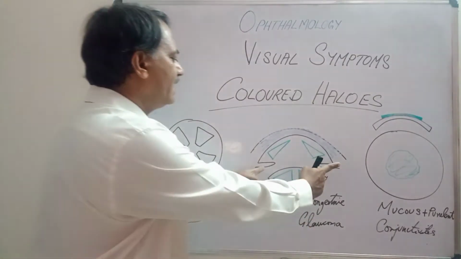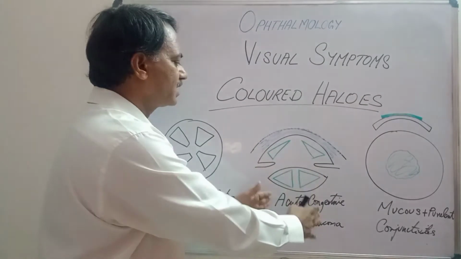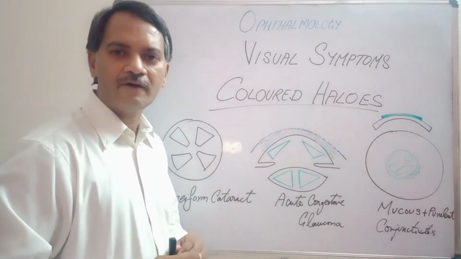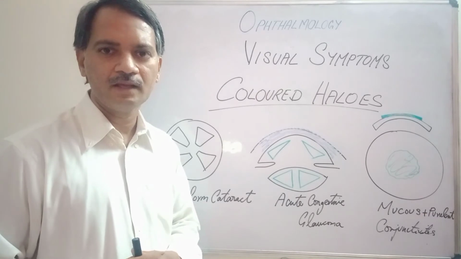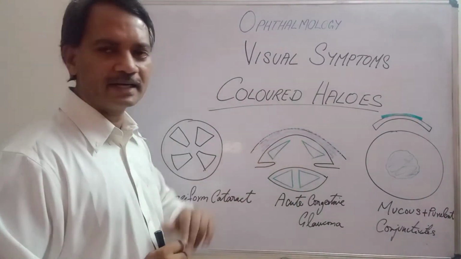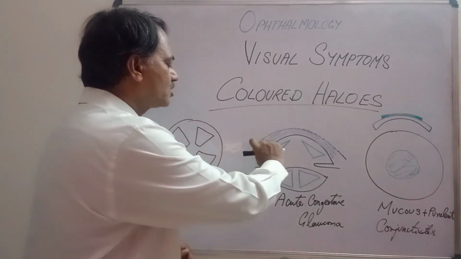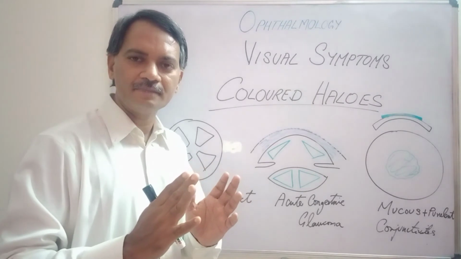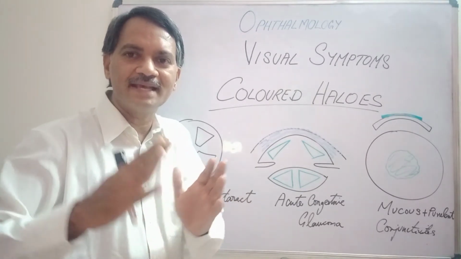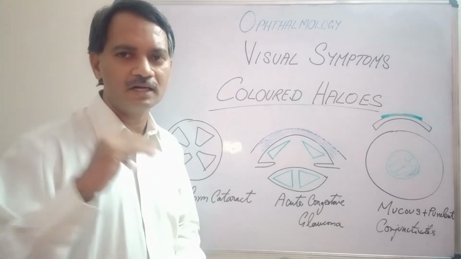Because of the mid-dilated pupil, the prismatic effect of these two structures comes into very good effect, giving rise to colored halos. The cornea is also edematous, and because of the edema, which is causing thickness of the cornea throughout, the prism-like resemblance becomes exaggerated in the cornea also, giving rise to colored halos.